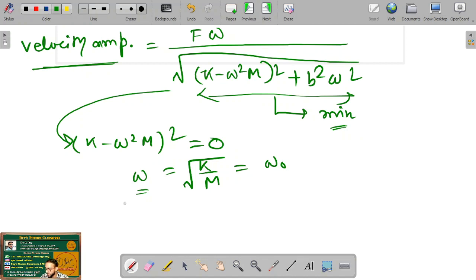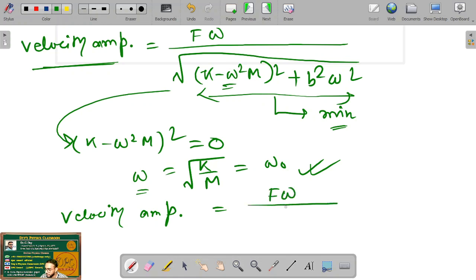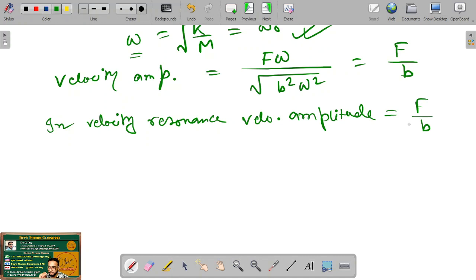So at resonance, omega becomes equal to omega 0. In that case, velocity amplitude would be, since this term is 0, F omega divided by root under b square omega square, which is equal to F by b. So in case of velocity resonance, the velocity amplitude is simply F by b.